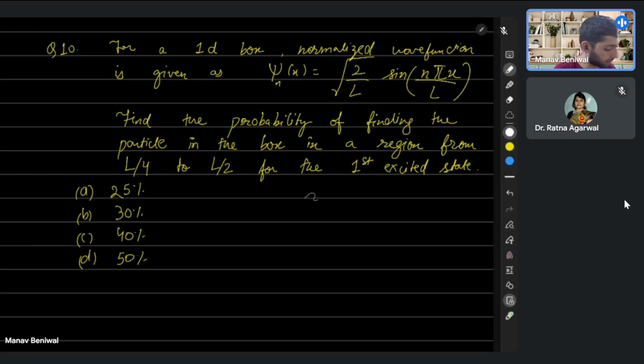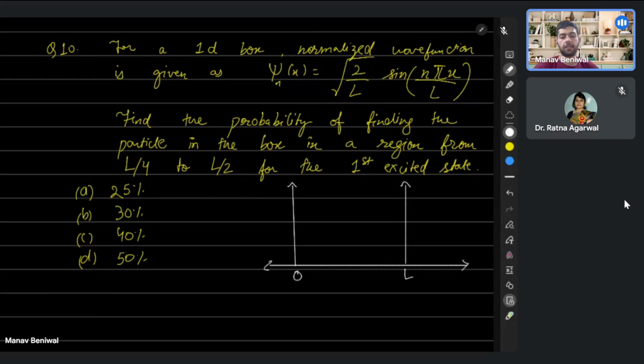Okay, let us draw the potential box again. Let's say this is our potential box and the potential here is infinite, and again the potential here is infinite, and in between the potential is 0. Now what will be L by 2? This will be L by 2 and this will be L by 4.